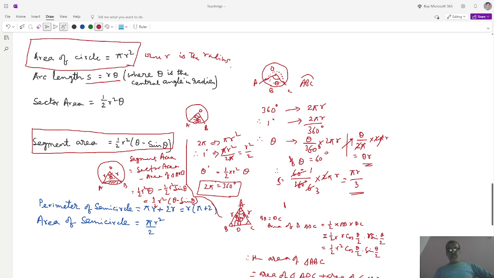As the sides AB equals AC, therefore the triangle is an isosceles triangle.